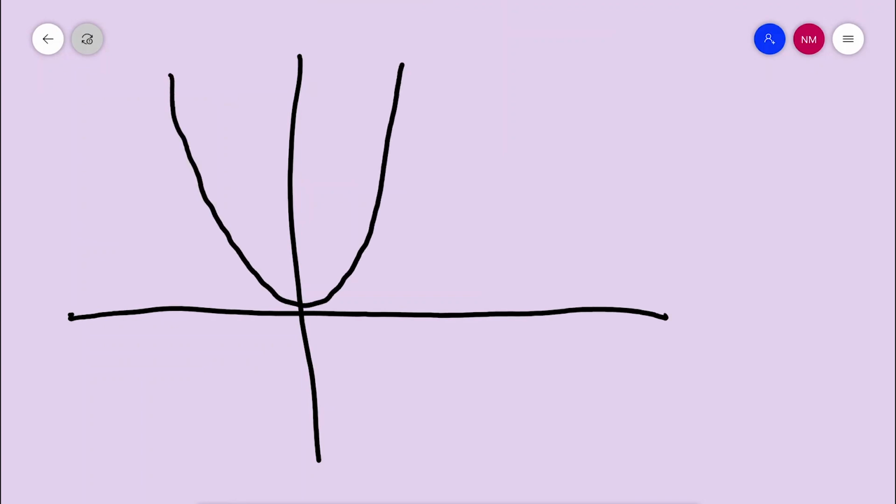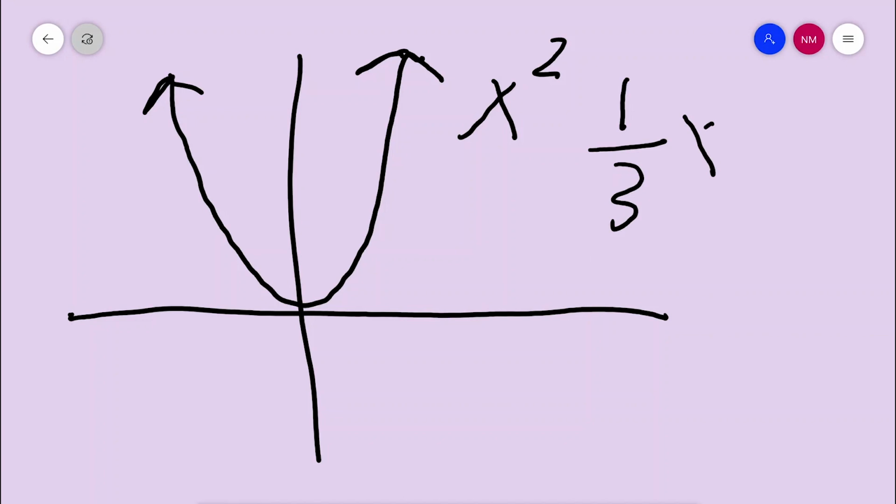So let's take x squared. And this is x squared. So now, the antiderivative of x squared, and again, I won't get into the conceptual stuff, is 1/3 x to the third.